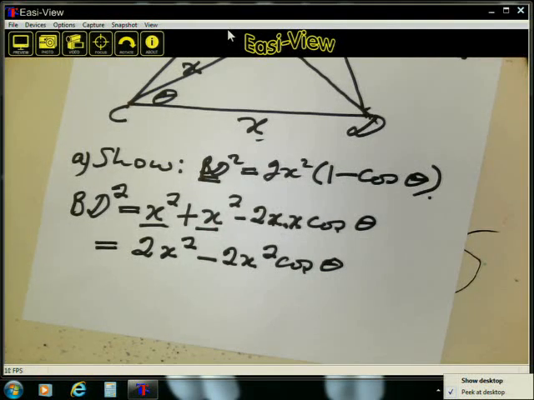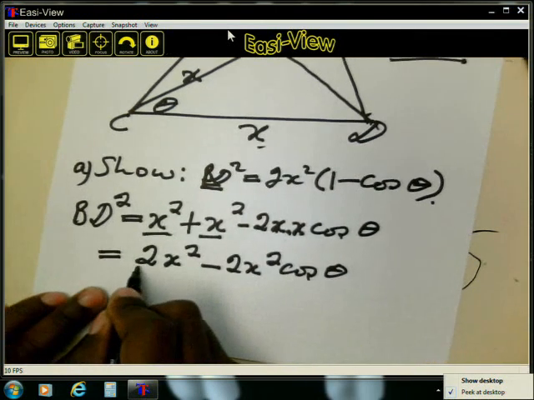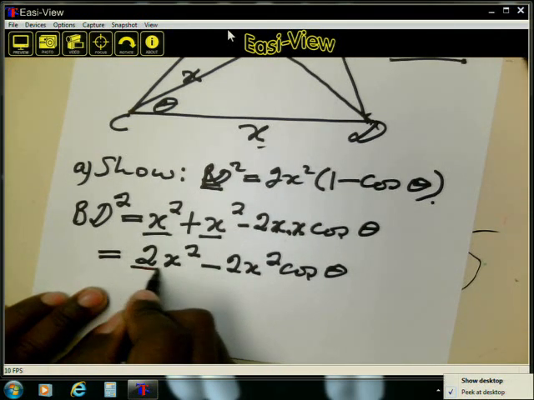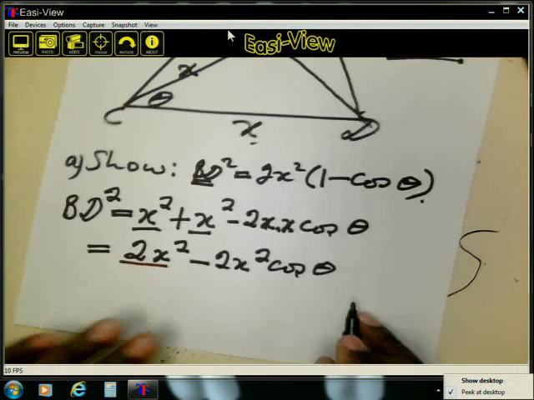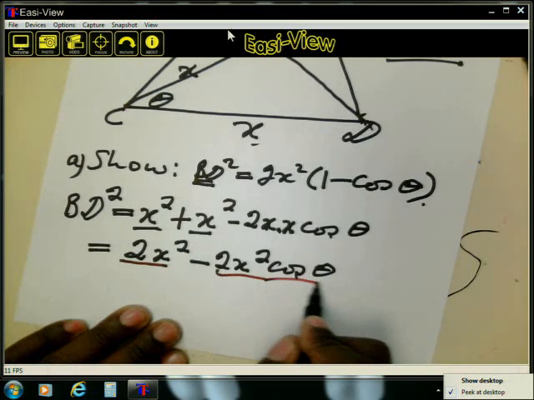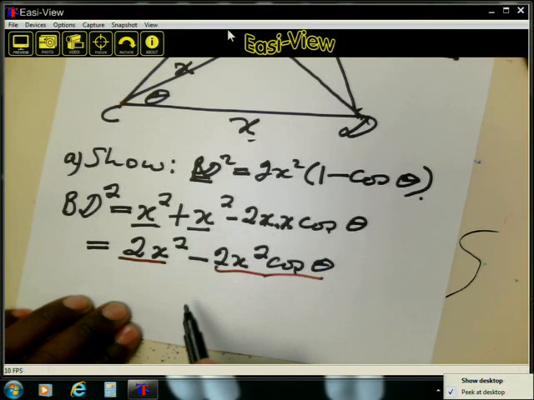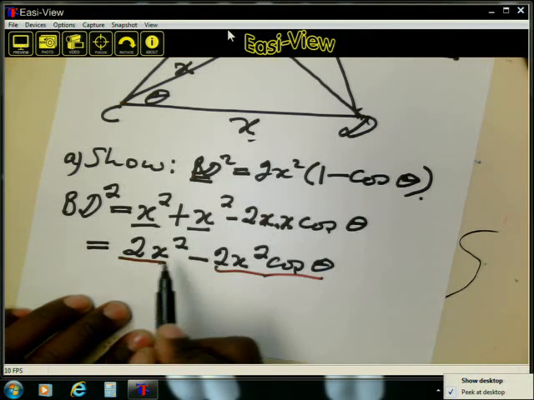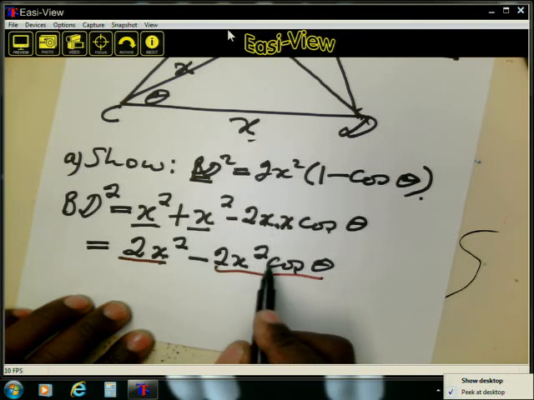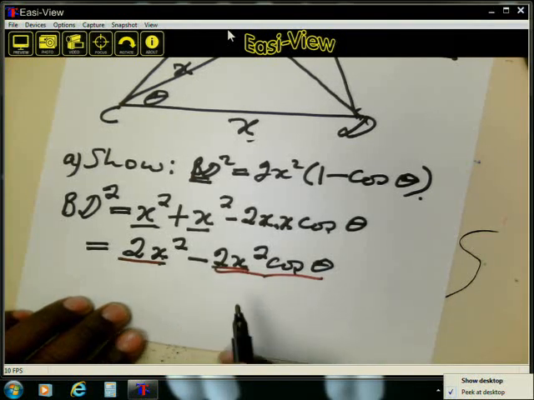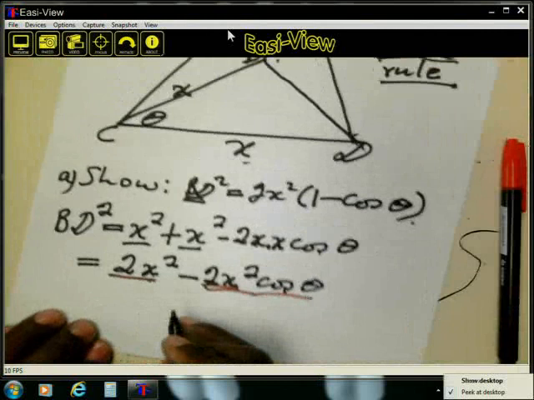I have two terms. This is one term. This is the other term. But in this one term, there's 2x squared. Also here, there is 2x squared. So we take the 2x squared out.